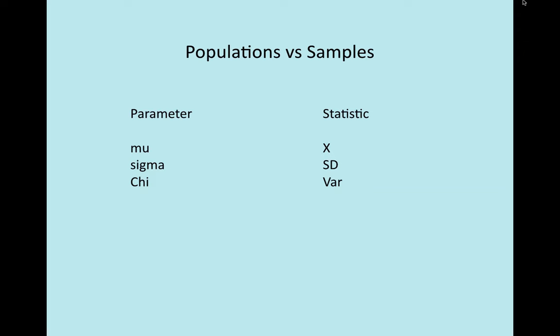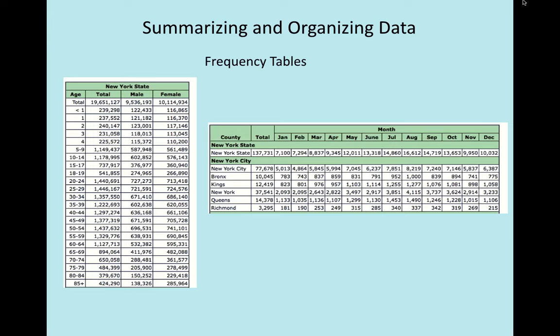Similarly, sigma we use for the standard deviation of a population, and SD, or standard deviation, for the standard deviation of a sample. So we use those. We summarize stuff in tables.